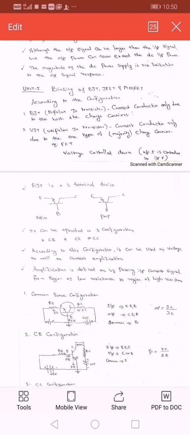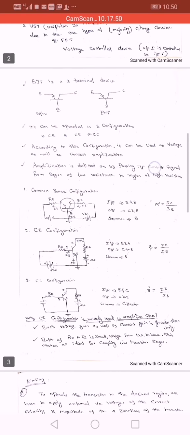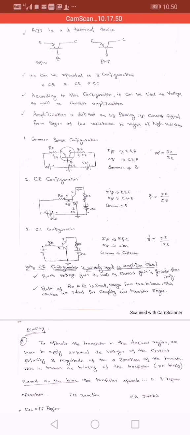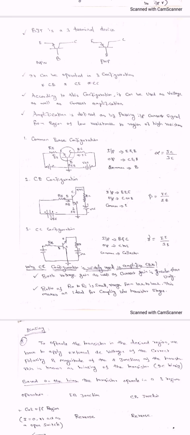Based on the terminals, it can be operated in 3 configurations. The first one is the common base configuration, the next one is the common emitter configuration, and then the common collector configuration. According to these configurations, the BJT transistor can be used for voltage as well as current amplification.